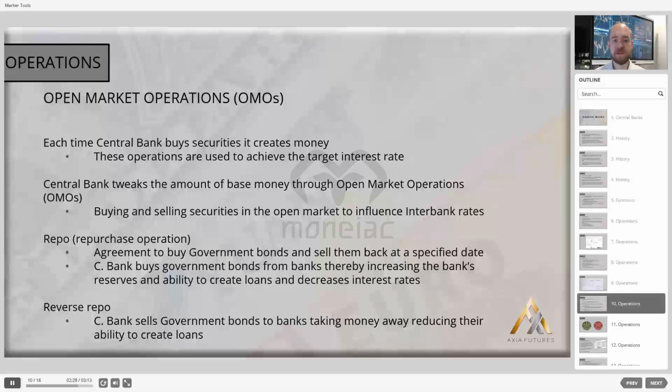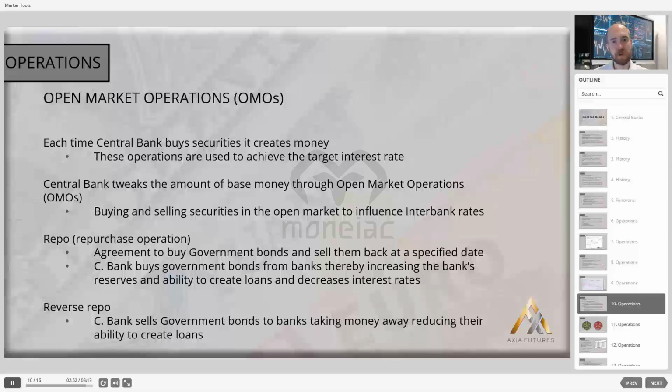The reverse happens where a central bank sells assets, and this is a reverse repo operation, or a reverse repurchase operation. So the central bank has a balance sheet of assets: government bonds, high quality commercial paper, overnight deposits.